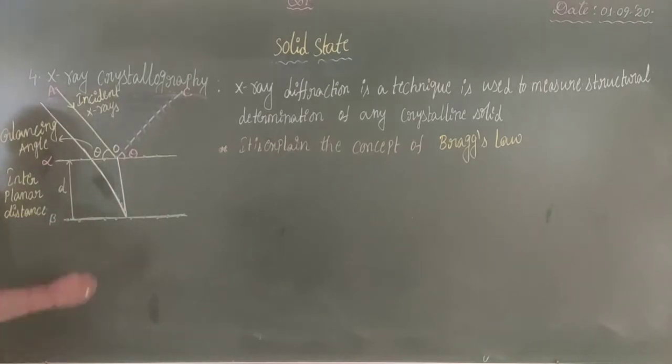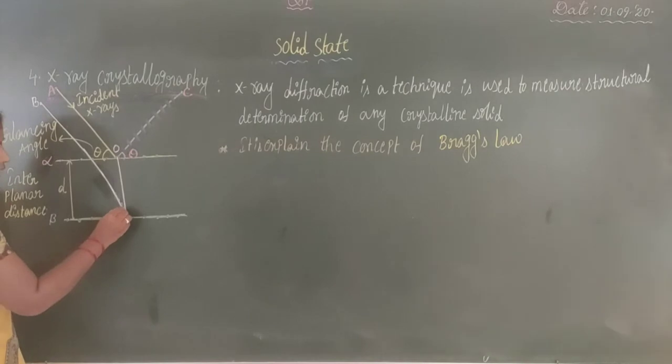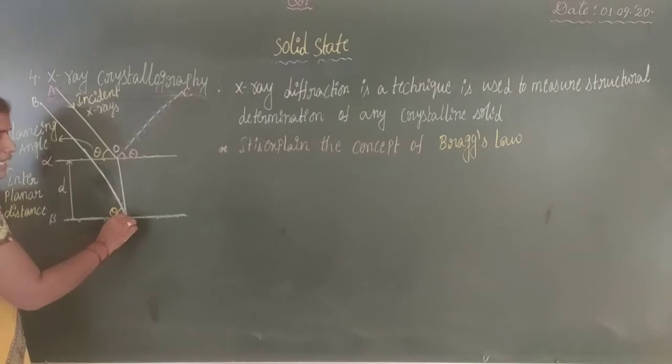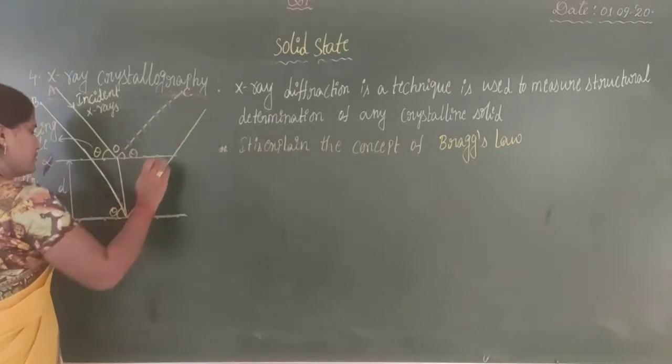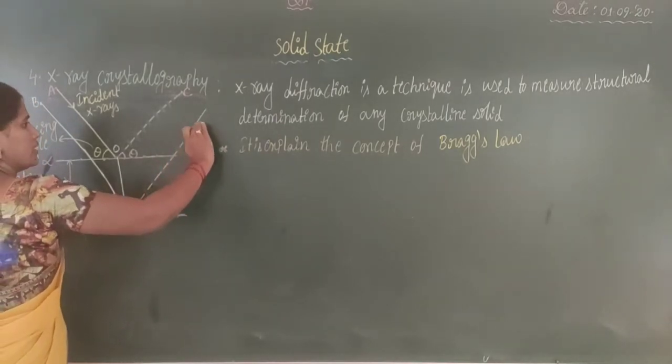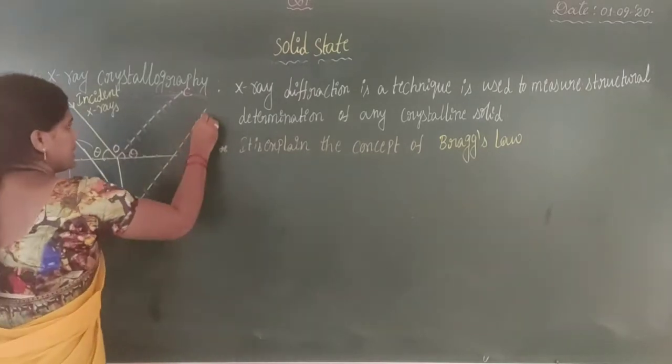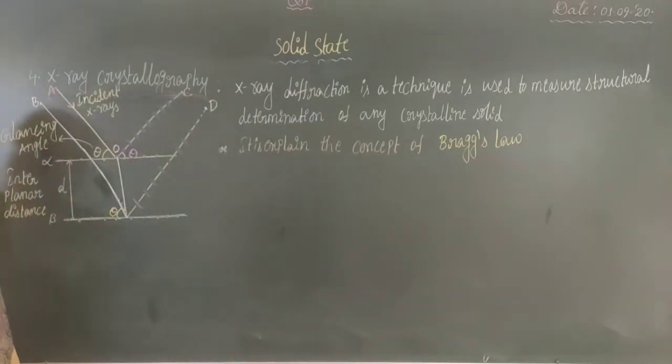That point is represented with the letter B. Here also the angle is theta. Some of the light is reflected with the same angle, and that point is represented with the letter D. In the lower plate, the point is represented with the letter Y. Here also the angle is theta.